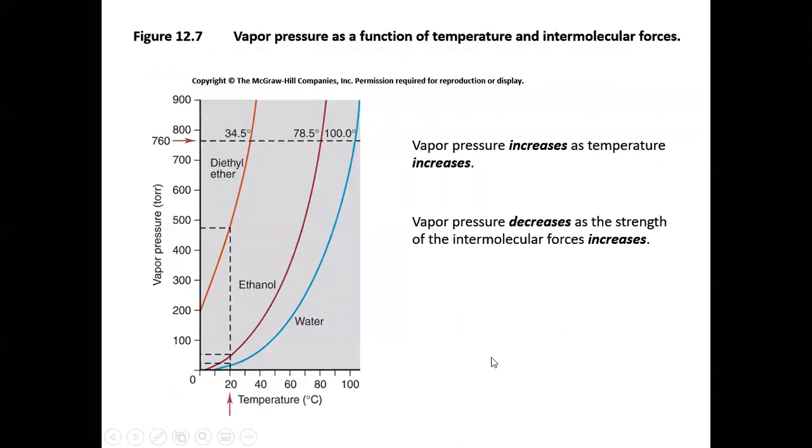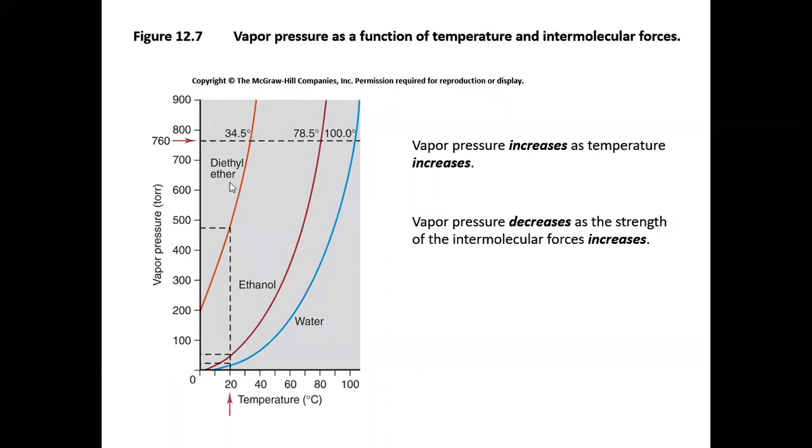And this is just showing you a chart of how vapor pressure and temperature relate. And so as we can see, as we change the type of attractive forces, we can monitor how the vapor pressure changes at different pressures or different temperatures.